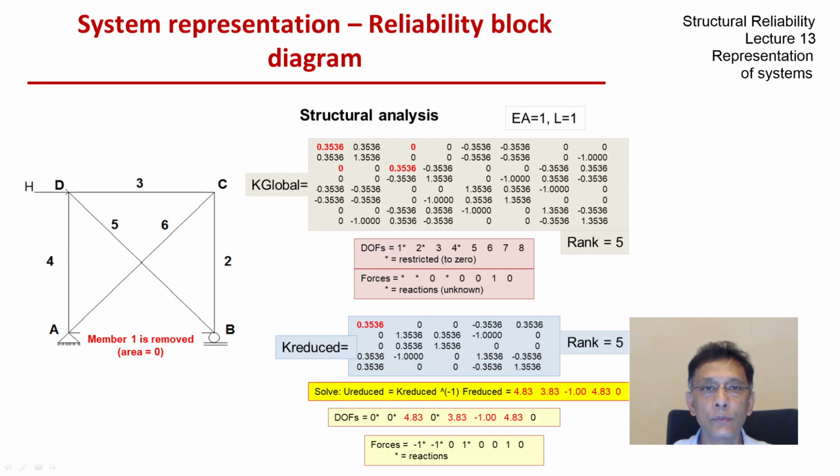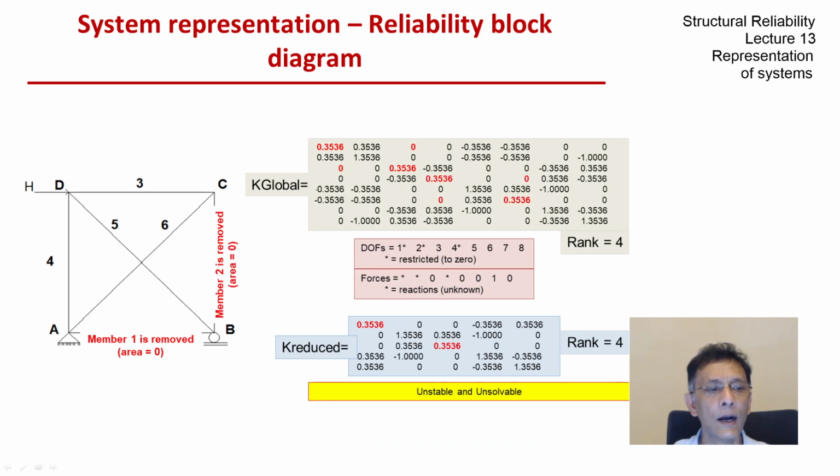Say let's remove member 1, and we can see that the structure is still stable, and we can invert this and we can get answers. So if member 1 is removed, the structure still has not failed, which confirms our understanding of the degree of static indeterminacy for this structure. If we remove one more member, the structure no longer remains stable, so the structure has failed.